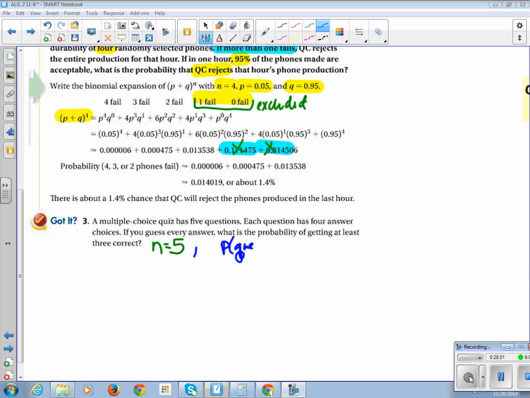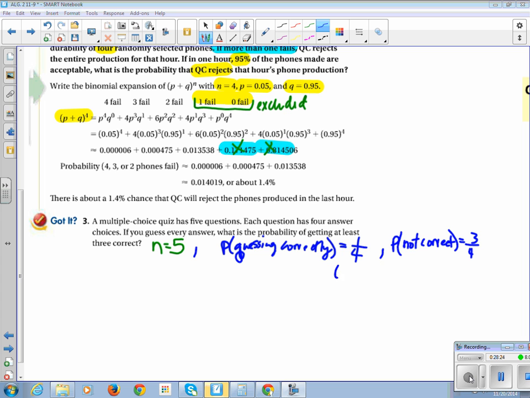So the probability of guessing correctly is 1 out of 4. And then the probability of not getting it correct is 3 out of 4.